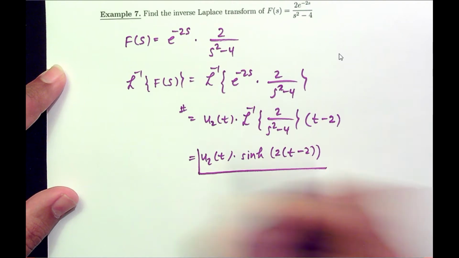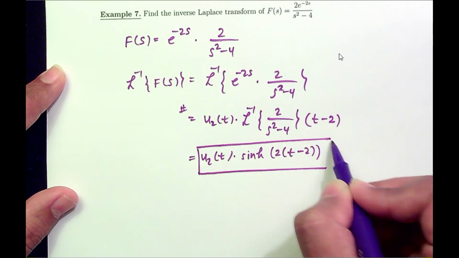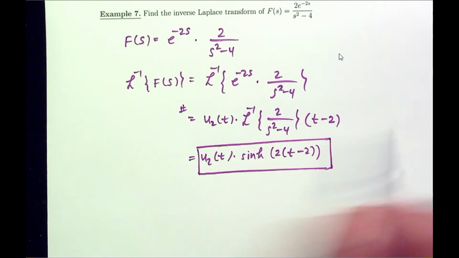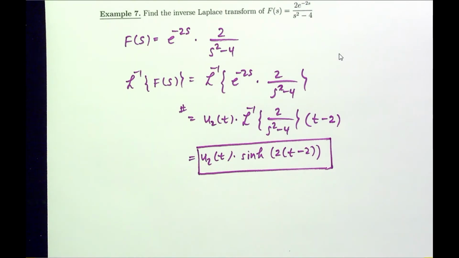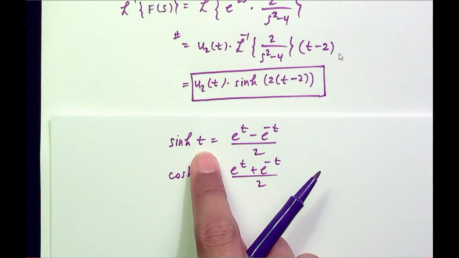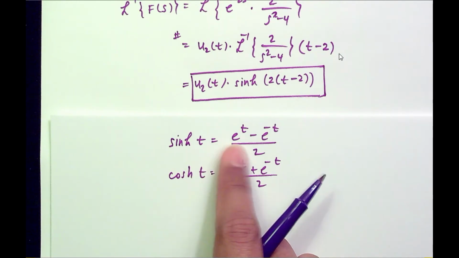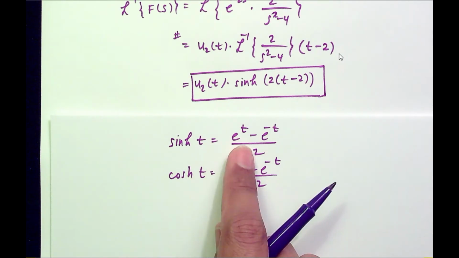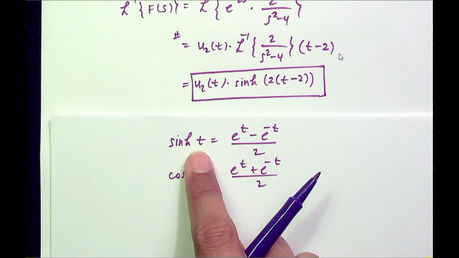Now, if you have never seen hyperbolic sine and hyperbolic cosine, well, it's not really hard. This is what hyperbolic sine means. Hyperbolic sine is a new function that is defined in terms of e by this formula. So that's all it is.